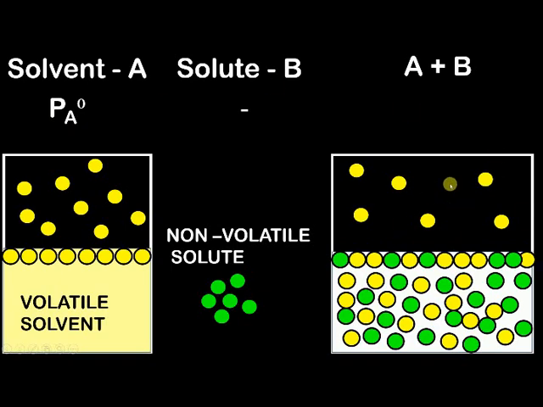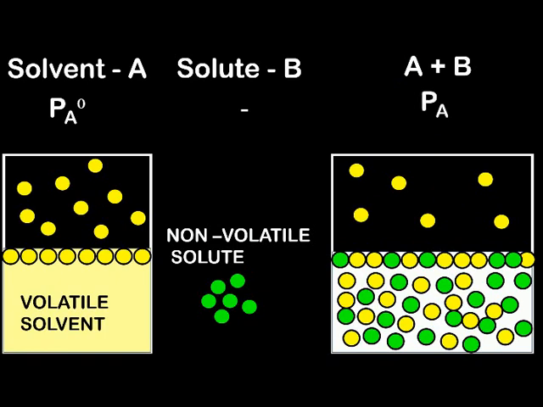Now over here it is mixed with the solute. So what will be the vapor pressure of A in this case? Will it be equal to PA naught? Obviously no. Here the vapor pressure of A above the solution will be some different value, and this value we assume to be PA.